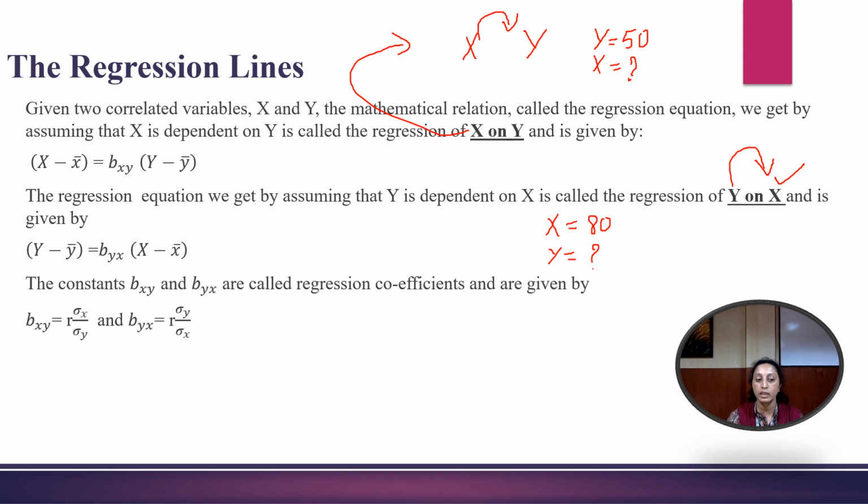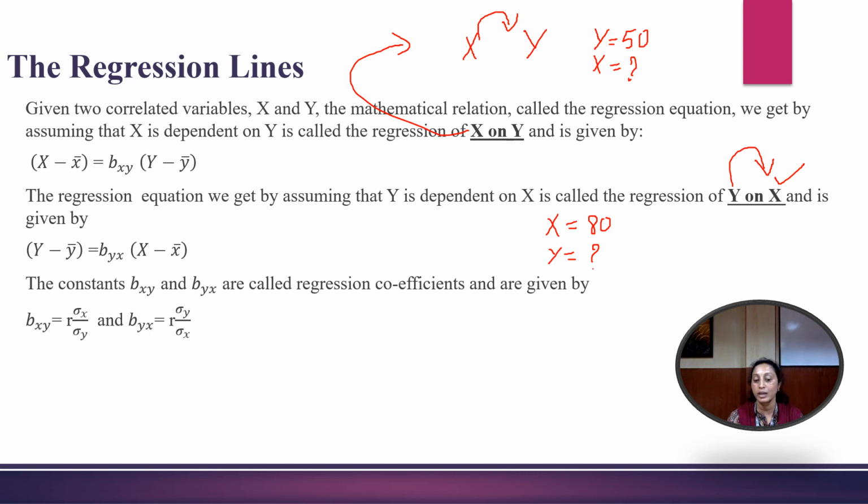Here bxy is said to be a regression coefficient. Similarly, regression line y on x is given by y minus y bar is equal to byx multiplied by x minus x bar. Here y is the dependent variable and x is the independent variable, byx is the regression coefficient, y bar is the mean of y and x bar is the mean of x.